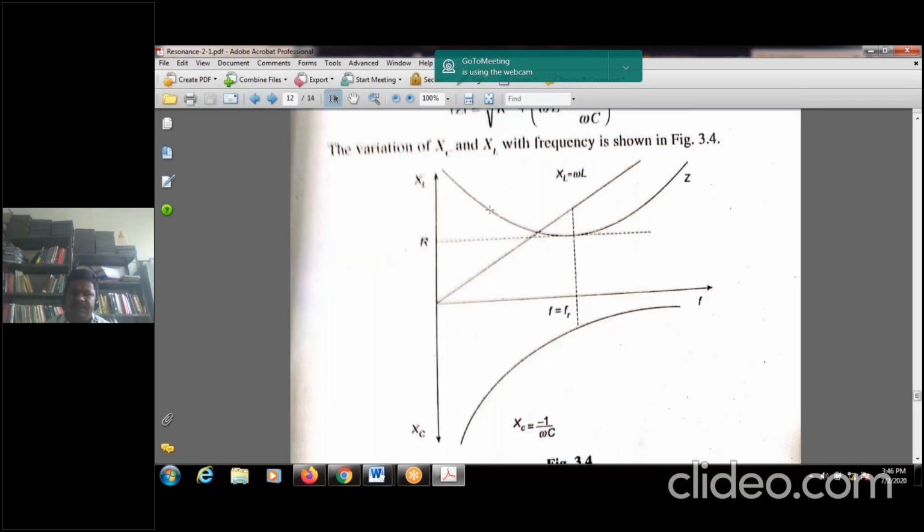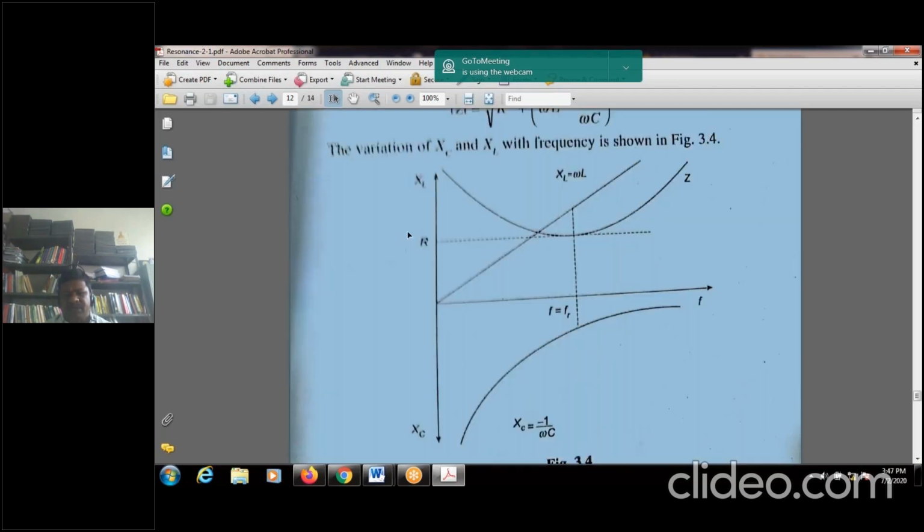Observe here, when frequency is equal to resonant frequency, at this frequency the inductive reactance and capacitive reactance both are equal. At this frequency, the impedance of the circuit is very, very low. What is that value? That value is equal to R.